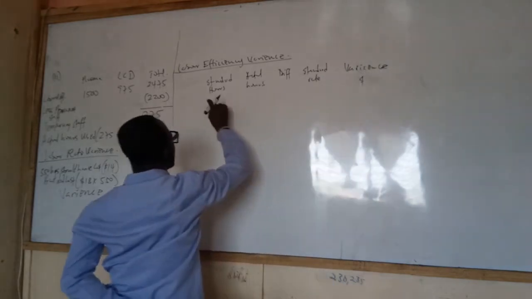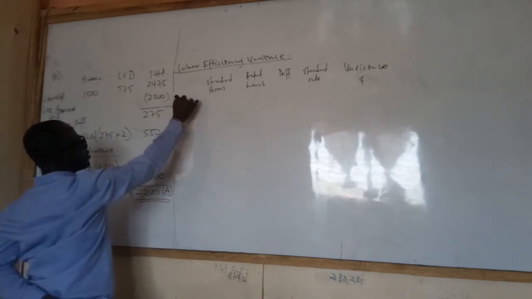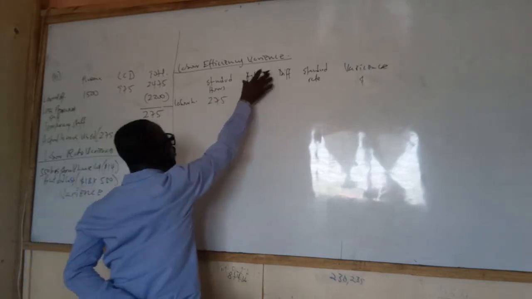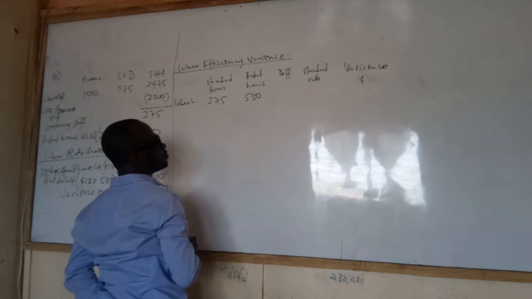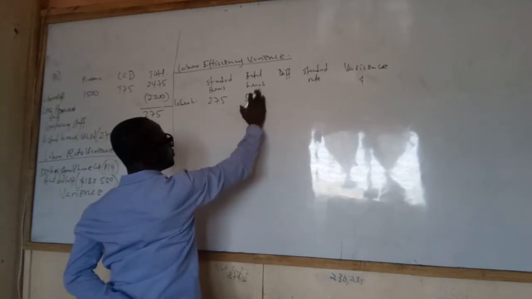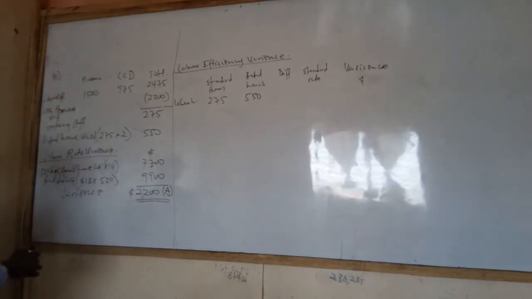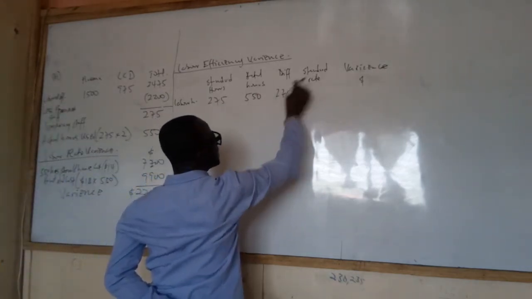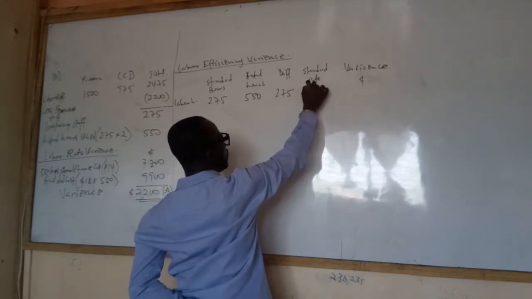So we go. Labor hours. They should have used 275, but they used 550. What do I get for the difference? 275. Then what is the standard rate per hour? 14.